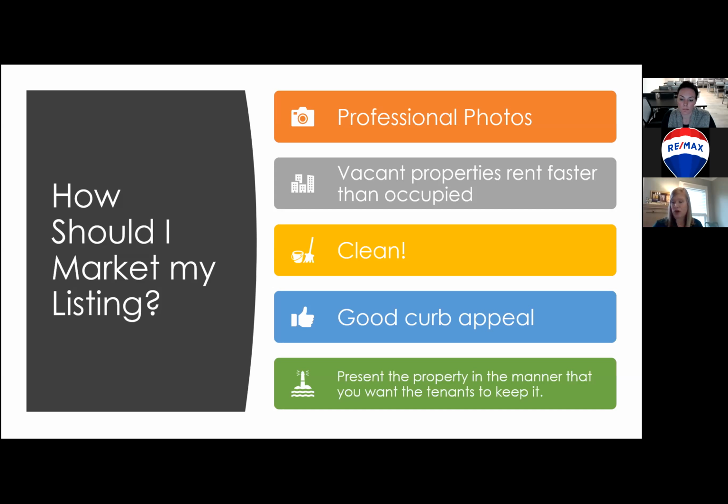My rule of thumb when I'm talking to tenants, the day that they pick up the keys and we're exchanging security deposit for keys, I tell them how you see the property when you move in, that's how I want you to return it. That clean, free of all trash, personal items, etc. That just makes it a lot easier to turn the property.